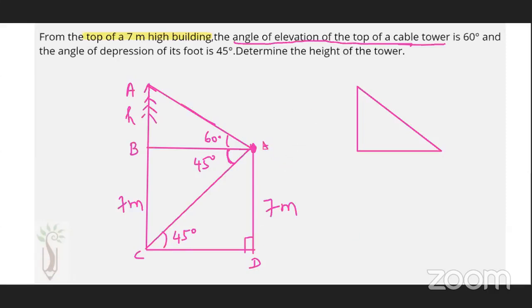This is A, B, E. Angle of elevation 60, H. Okay, I need an X here. For 45, you're going to take triangle DCE or EDC.